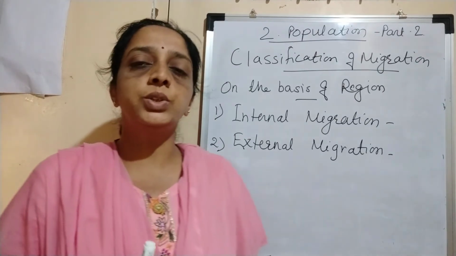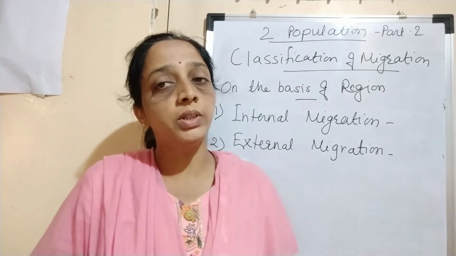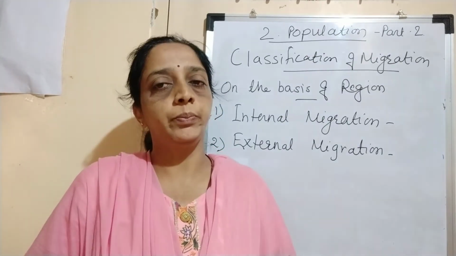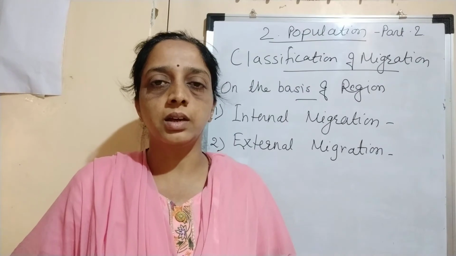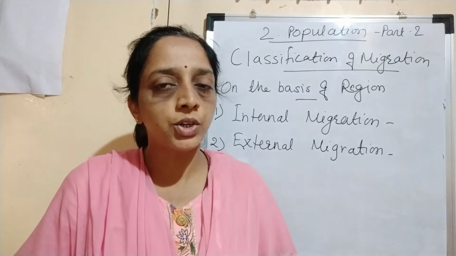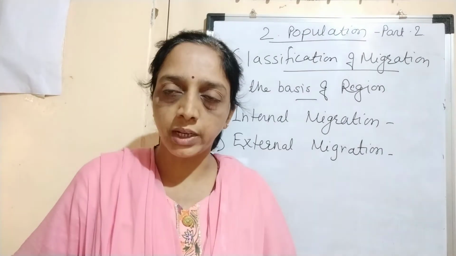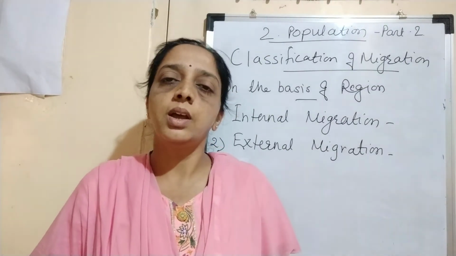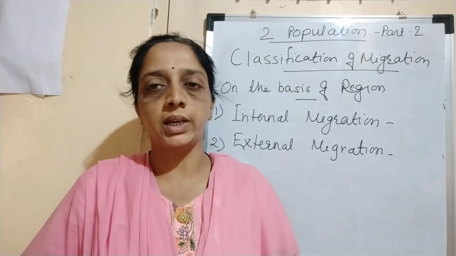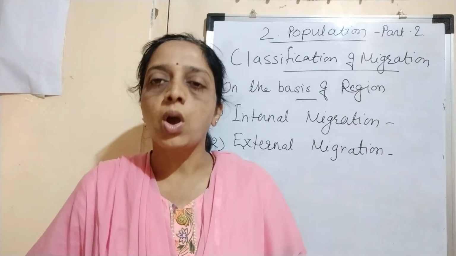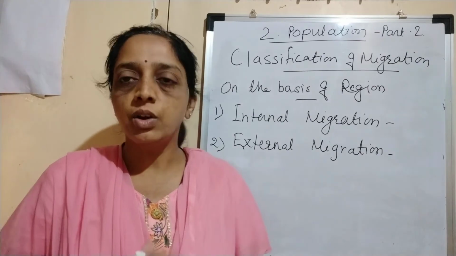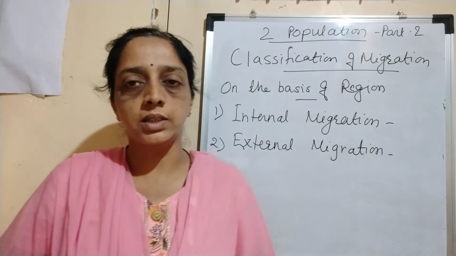Now, on the basis of economic development of the region, also within the country, there are urban to rural migration and rural to urban migration, as well as urban to urban migration and rural to rural migration. So, on the basis of economic development, there are four categories.